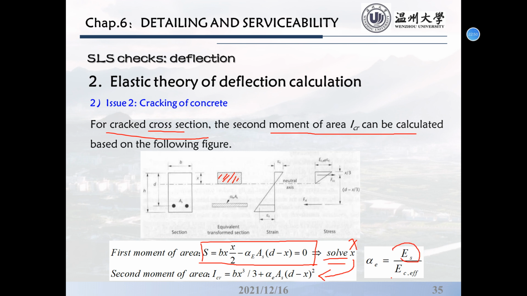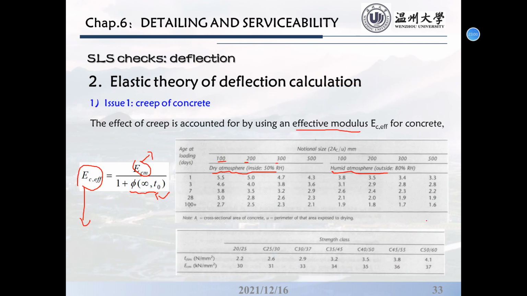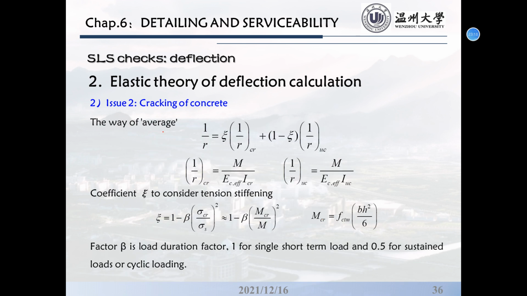These values are what we obtain from the creep values here, right? This is the material's modulus, because it is affected by cracks. So for the curvature, we use the average curvature.